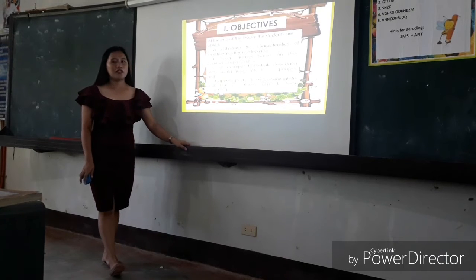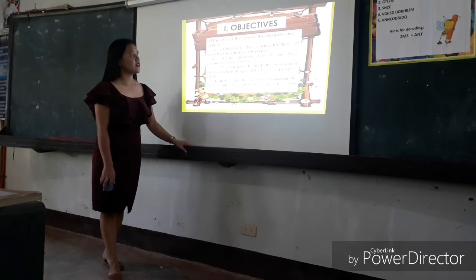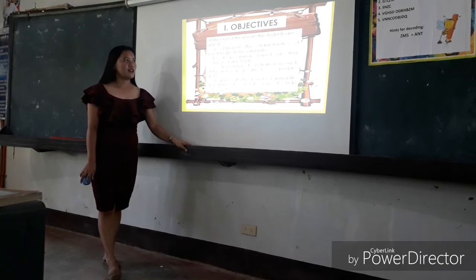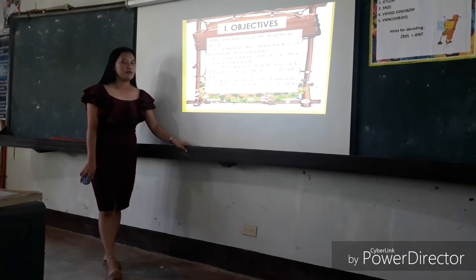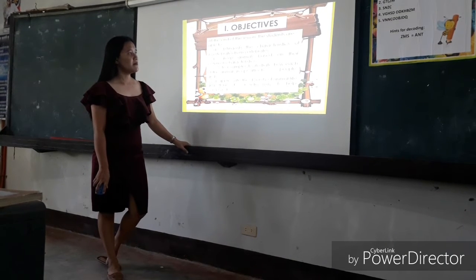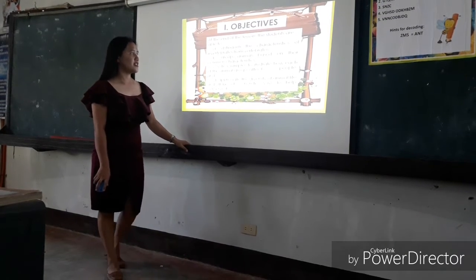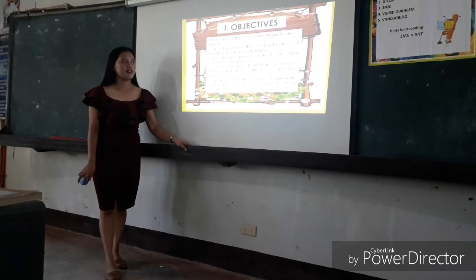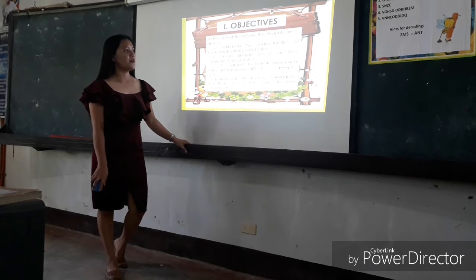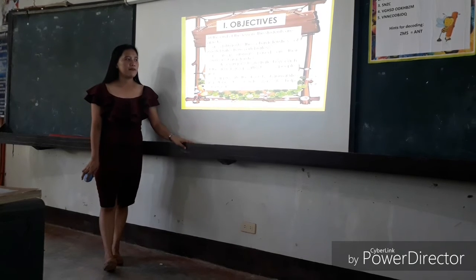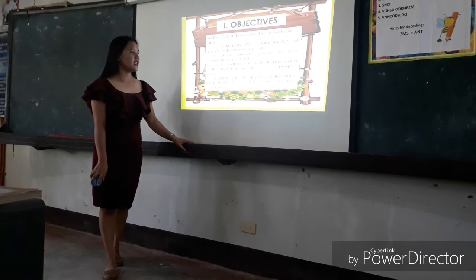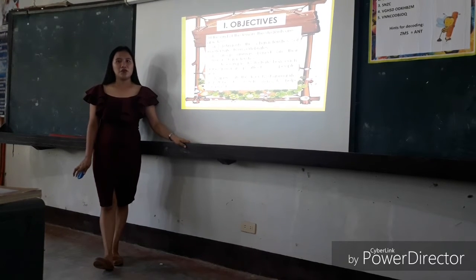At the end of the lesson, the students are able to: letter A, distinguish the characteristics of vertebrates from invertebrates; letter B, group animals based on their common characteristics; letter C, cite examples to illustrate how each animal group affects people; and the last one, appreciate the diversity of animal life and think of concrete ways to help conserve it.